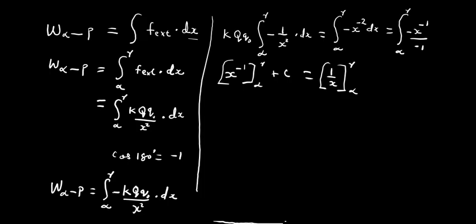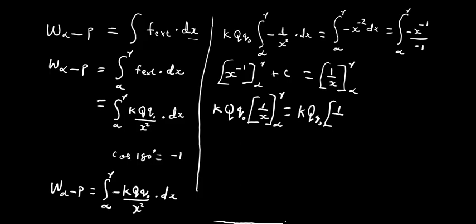Then we bring up our constants: kQq naught, bracket 1 over x from infinity to r, which is equal to kQq naught times 1, where we replace our x with r, minus, where we replace x with infinity.